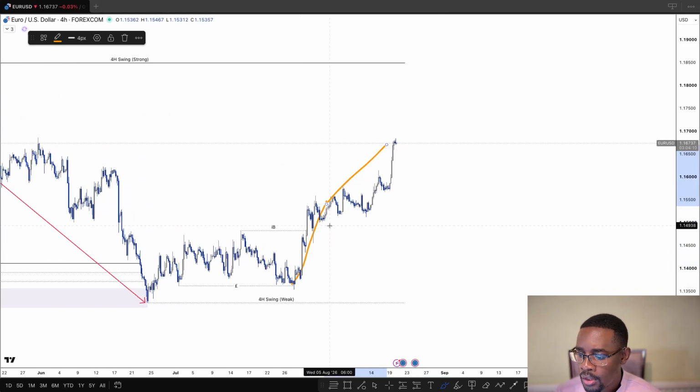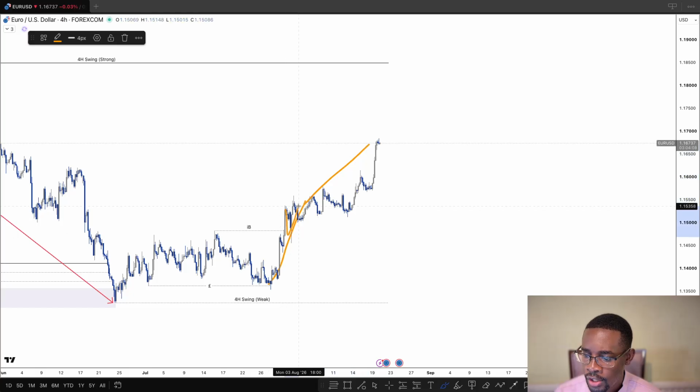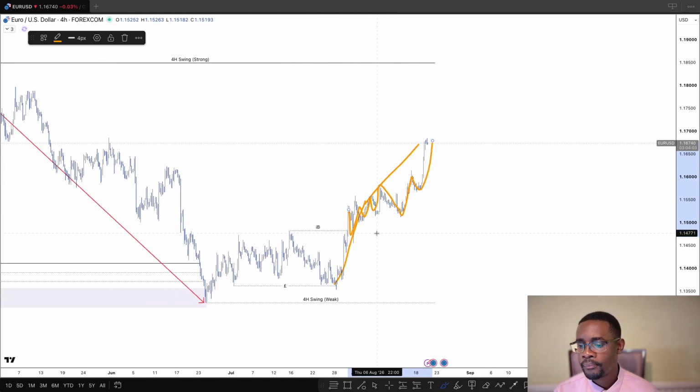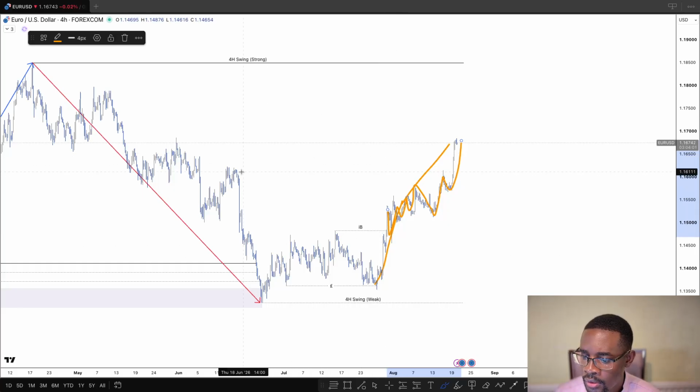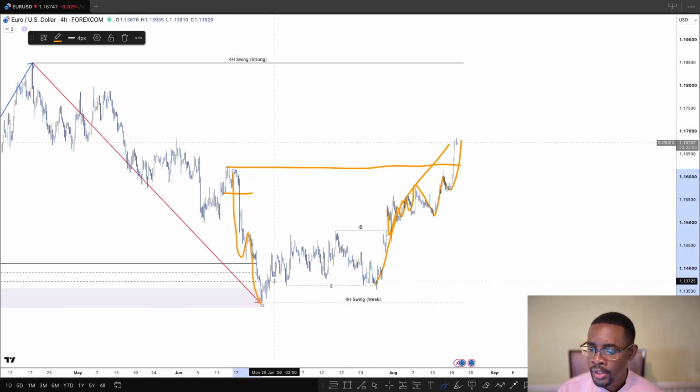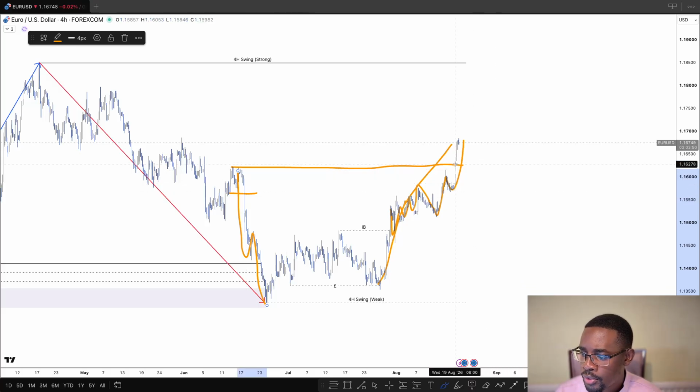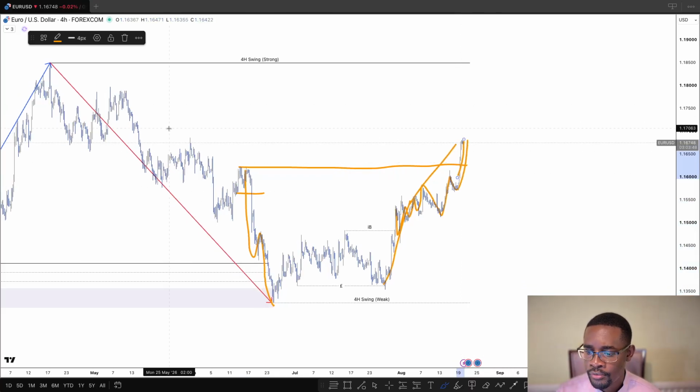Now we've been having these minor pullbacks, but our internal is bullish, and this was our last one. When we had these pullbacks, which failed, we see price pushing up aggressively.